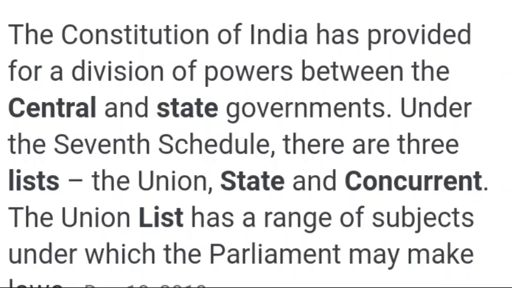Understand? Particularly in the central list, state list and concurrent list, they have special powers. The central government has special power in the union list. The state government has special powers in the state list. The concurrent list belongs to both the central and state governments, and both can be involved in it. Understand?